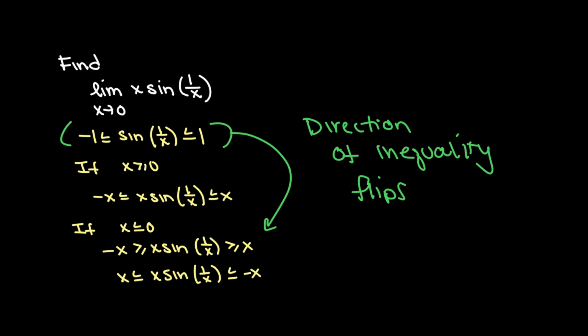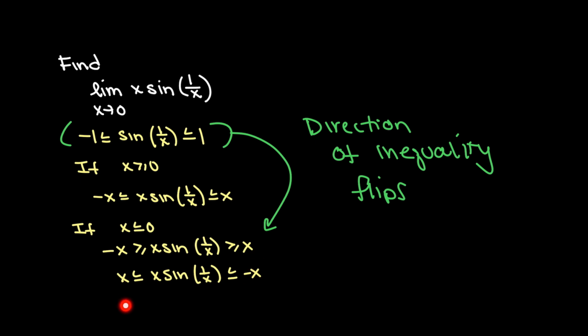Now, if my x value was negative, if x is less than or equal to 0, if I multiply this inequality by x and it's negative, the direction of that inequality is going to flip. And so I'm actually going to get -x bigger than or equal to x sine of 1 over x bigger than or equal to x.